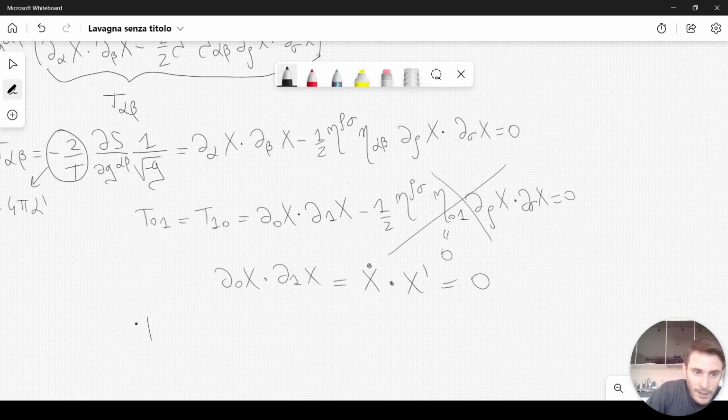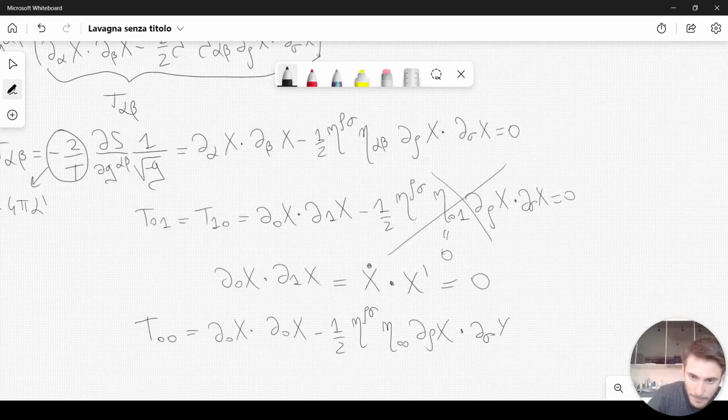Then we can calculate T_{00}, which is equal to ∂_0 X · ∂_0 X − 1/2 η_{ρσ} η_{00} ∂^ρ X · ∂^σ X. η_{00} is equal to minus 1 according to the convention that we have used.